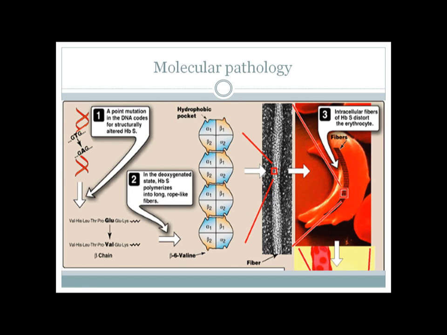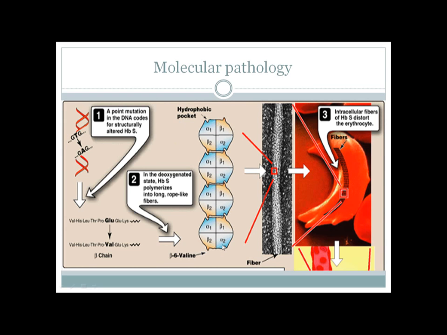But when you increase their stickiness by putting a valine in the beta chain, they start to arrange in a long polymer. This doesn't happen normally, especially this happens when the patient has some stresses like dehydration or hypoxia or something like that. Those stresses increase the stickiness and cause the polymerization to occur at a very rapid rate.